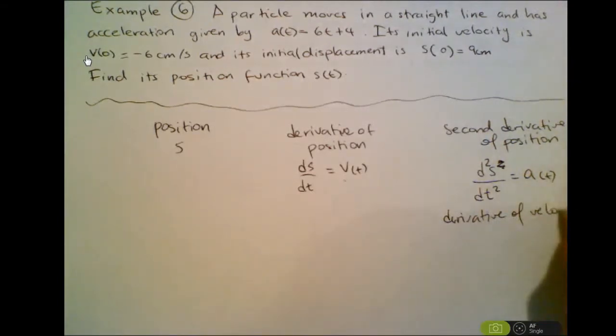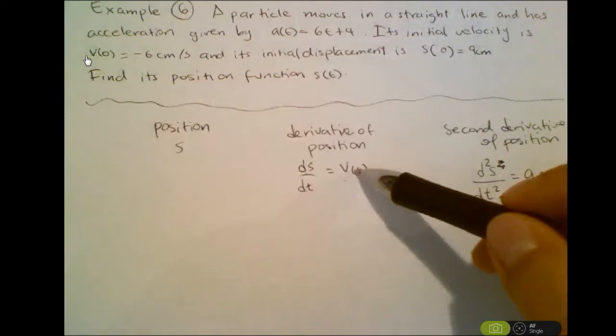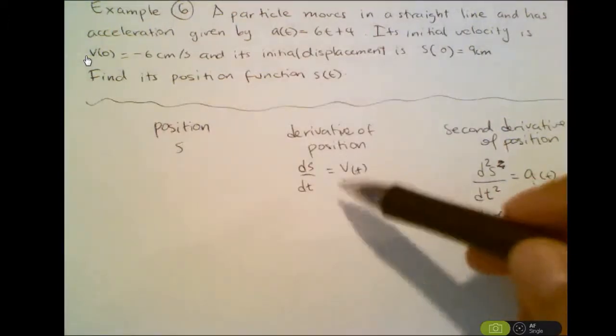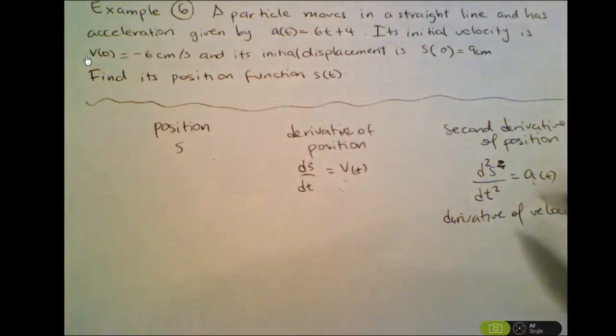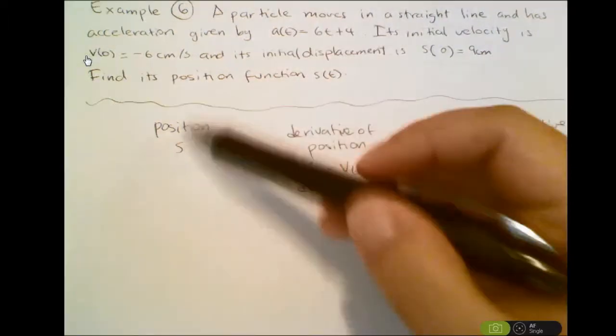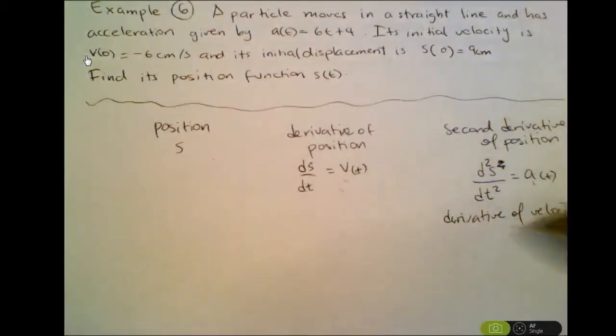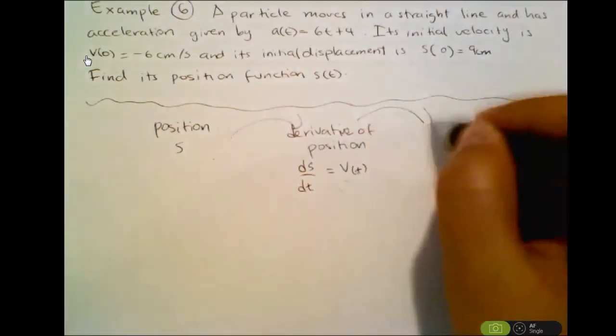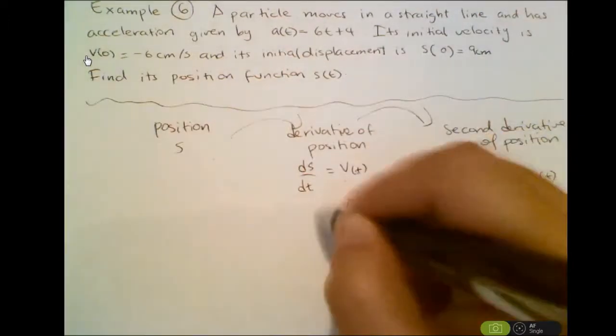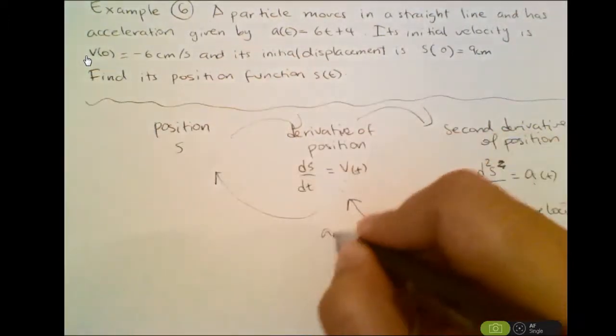Now, if we know the acceleration, then you know that the antiderivative of acceleration is velocity. And if you know velocity, the antiderivative of velocity is position. So now we're going to work backwards, and you're going to be asked for the function of position versus time, knowing the acceleration. And to go forward, we apply derivatives. So when we go backwards, we apply antiderivatives.